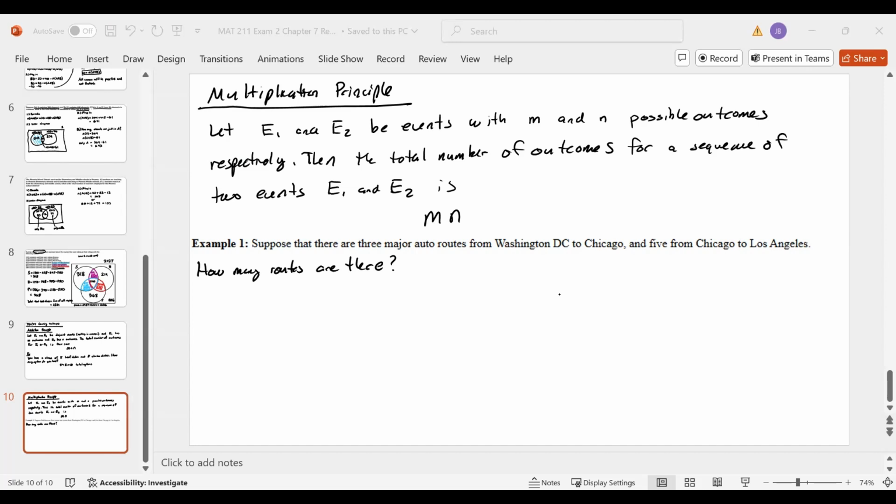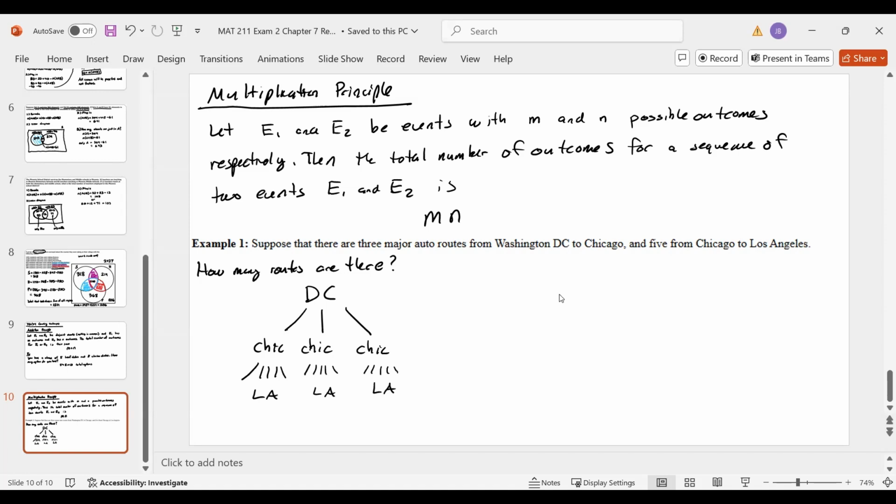If you do DC, then you have 1, 2, 3, and each of these routes will take you to Chicago, right? And then each of these will have 5 routes. So 1, 2, 3, 4, 5, 1, 2, 3, 4, 5, 1, 2, 3, 4, 5, and they all take you to LA, right? So if you add all of the different routes, you add up to 15 routes, right?